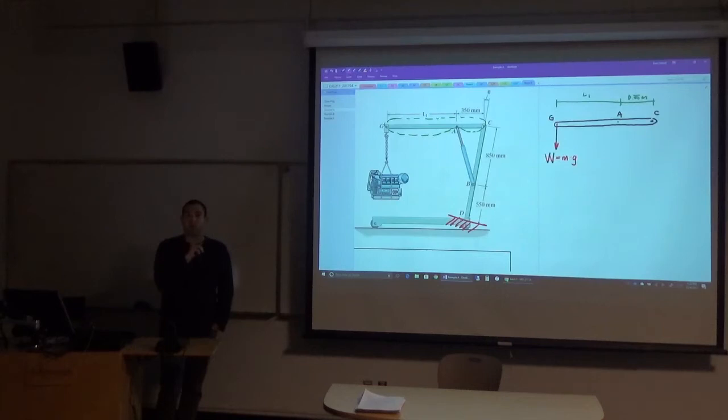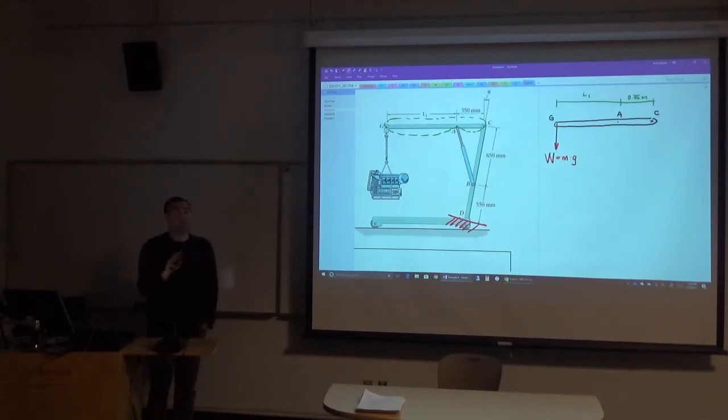I hear 2. So the pin can transfer a horizontal force and a vertical force, which doesn't necessarily mean there's 2 unknowns because we just looked over here at G, and even though the pin can transfer a horizontal force, why did I only show a vertical? Because the cable can only transfer a vertical force, right?